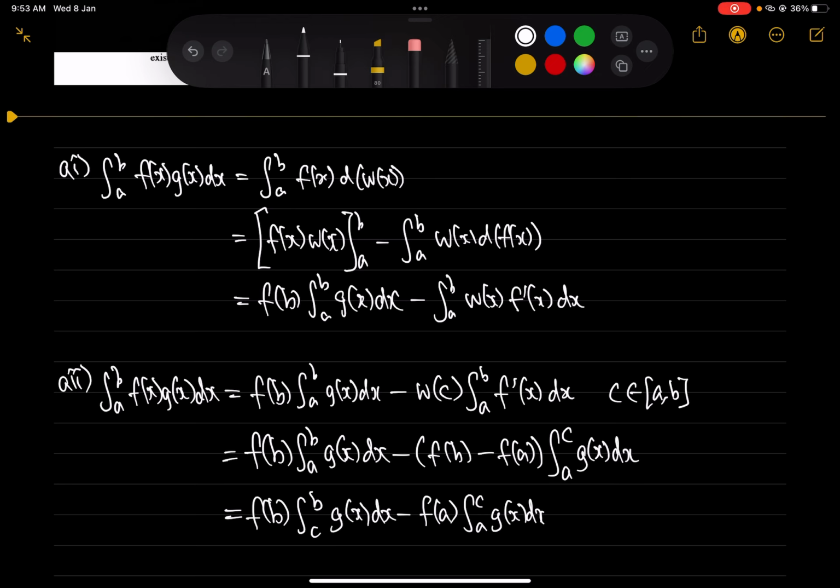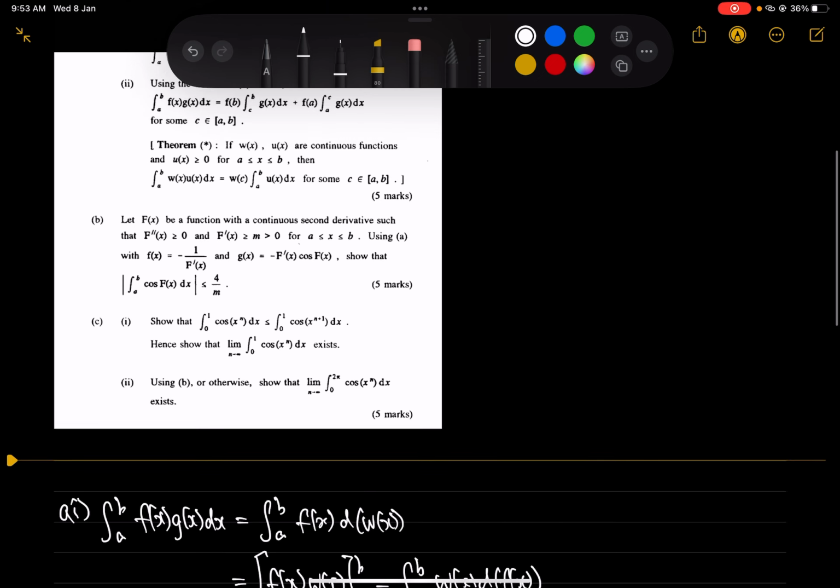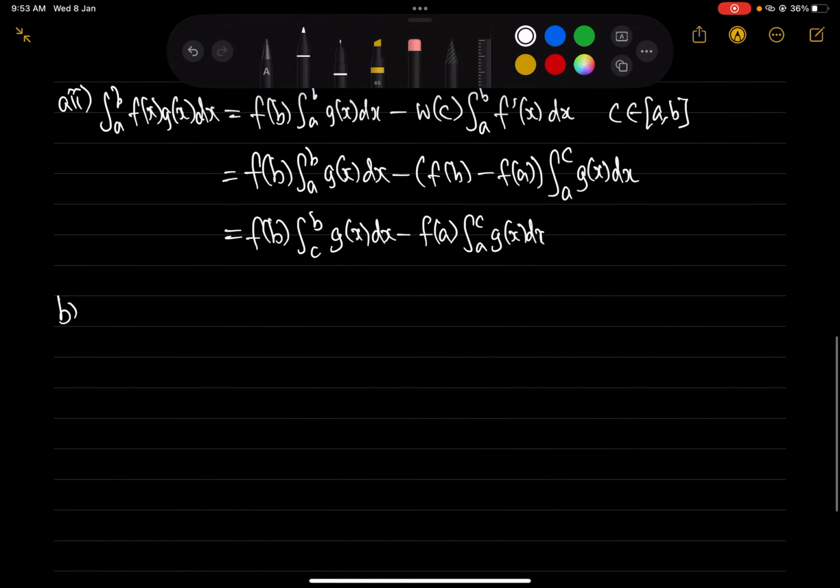Very simple as well. Part B is when things start to get harder. But then there's a very, very simple hint right there, which means we could do this in one go, I think.